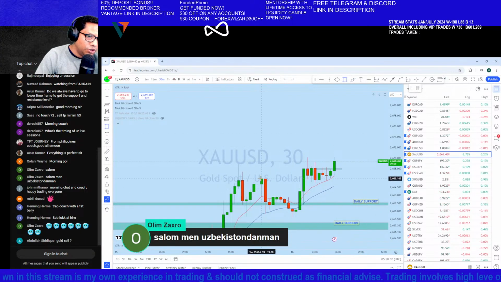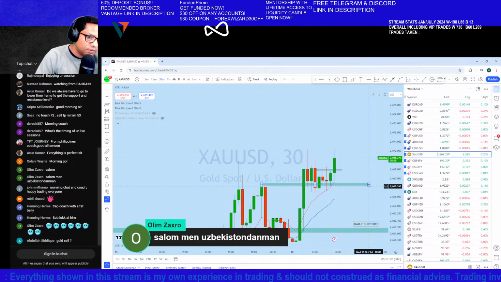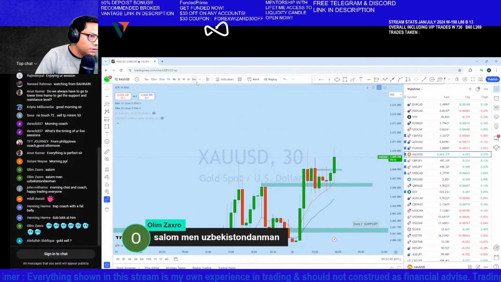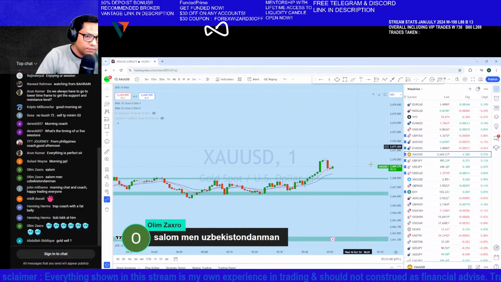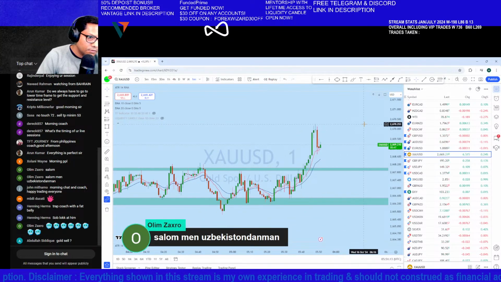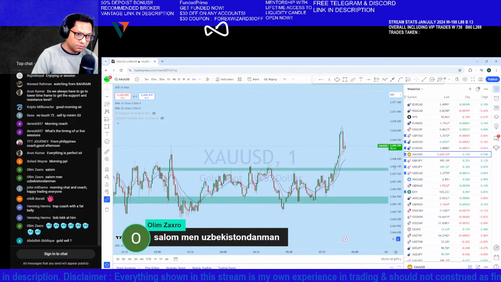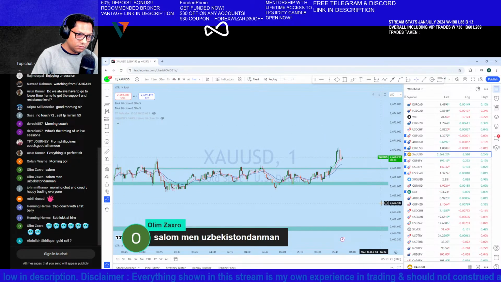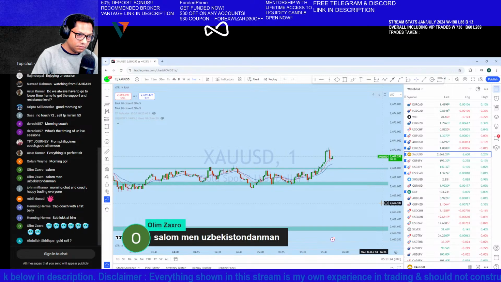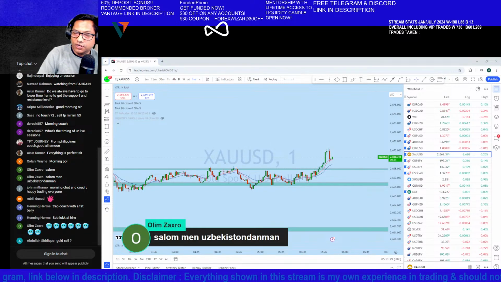At the moment, for a bullish entry, this support can be an important level that we can look at. We'll be waiting for a break of structure and then we can look for entry.